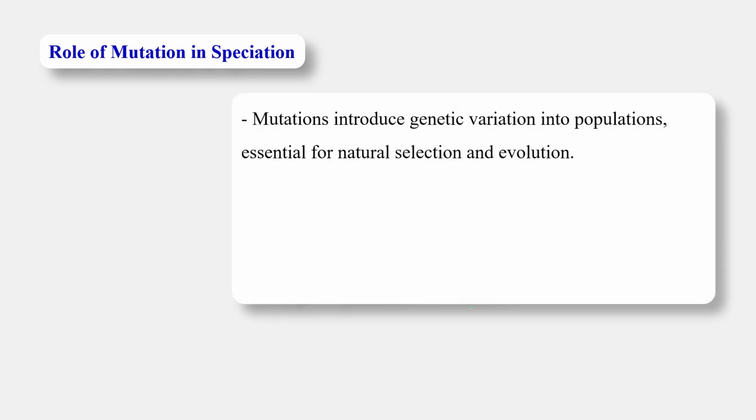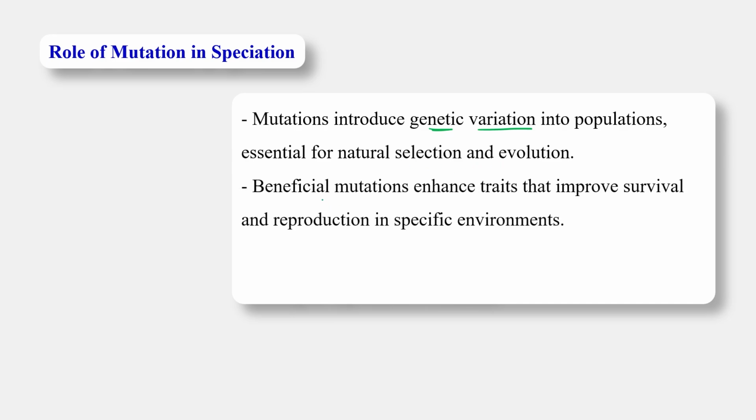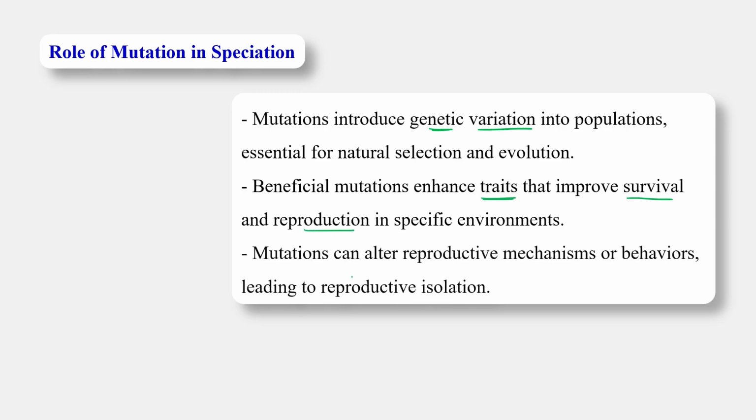So mutation actually introduces variation at the genetic level in a given population, and this is essential for natural selection, as we discussed earlier, and for evolution also. Beneficial mutation enhances traits that improve survival and reproduction in a specific environment, right? Mutation can alter reproductive mechanisms or behavior, leading to reproductive isolation.